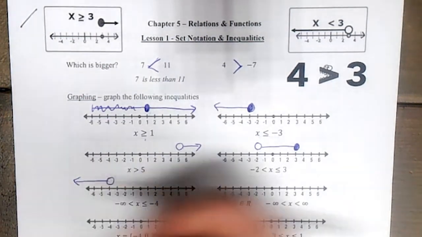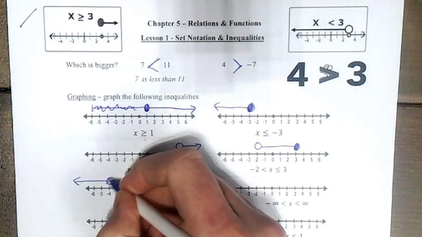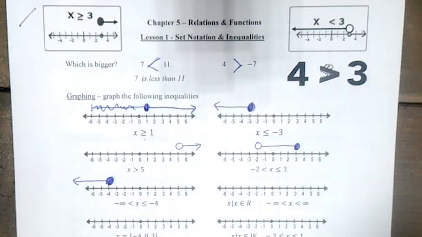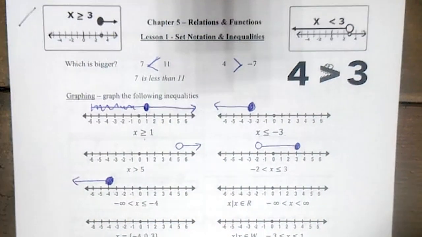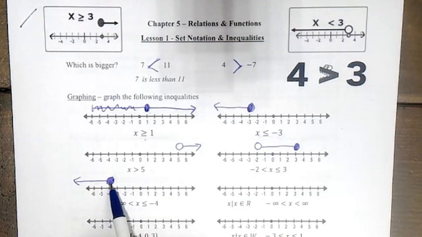So I'm going to draw my arrow going that way. Infinity never has an equal sign. You can never reach infinity, so we never put it in. And this side does have an equal sign, like that. So everything from negative infinity to negative 4. Draw an arrow pointing that way.